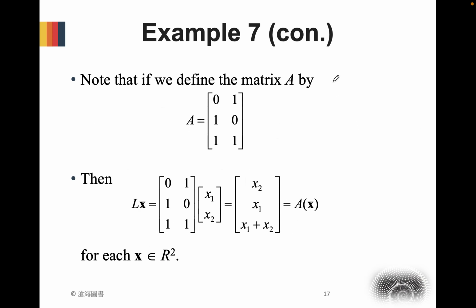So now, if we define a matrix A by this 0, 1, 1, 1, 0, 1, and if we pre-multiply x1, x2, s1, s2 with this matrix, we can get x2, x1, and s1 plus s2.